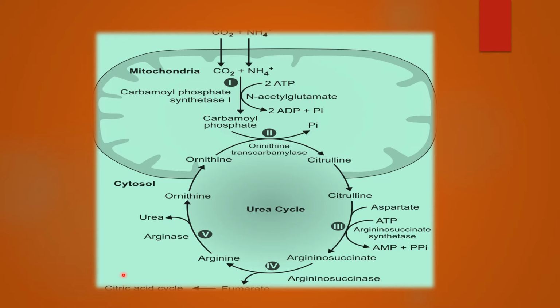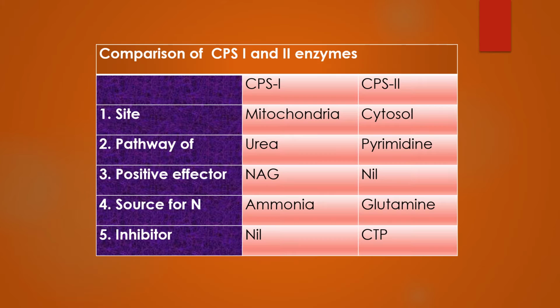In the citric acid cycle, it generates 1 NADH by converting malate to oxaloacetate. So 1 NADH is generated, which is equivalent to 2.5 ATP. So the total loss of ATP in this particular reaction is 1.5 ATPs. So this is the summary.